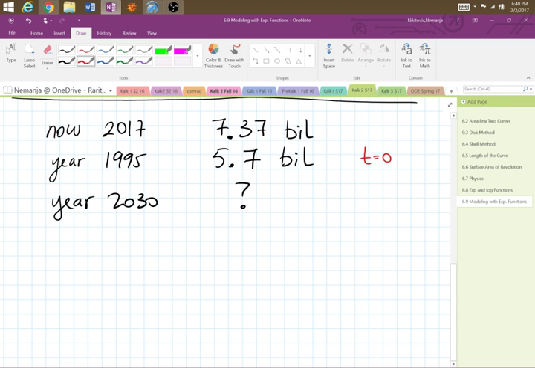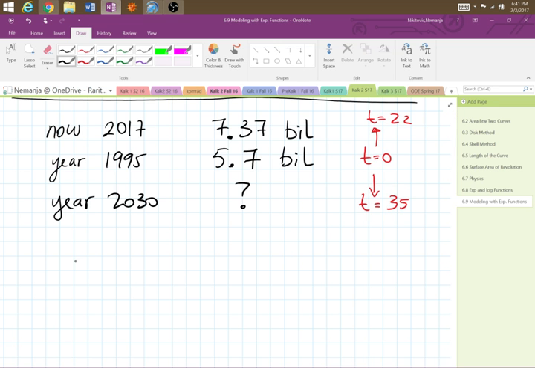So I will pick the lowest year as the beginning of time, which immediately makes this 5.7 billion the initial population, because we are starting from there. Now this one is immediately t equals 22, and this one is immediately t equals 35.